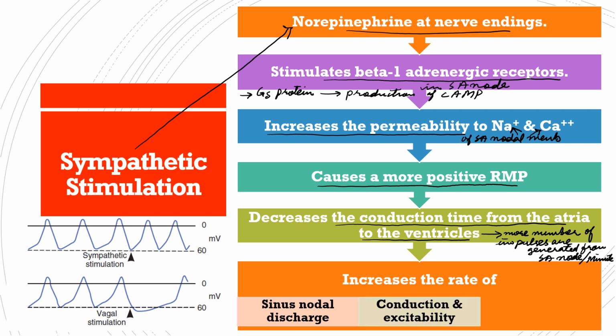Number 2, it increases the conduction and excitability through different portions of the conduction system. And finally, when the impulse reaches the ventricles, it increases the force of contraction.